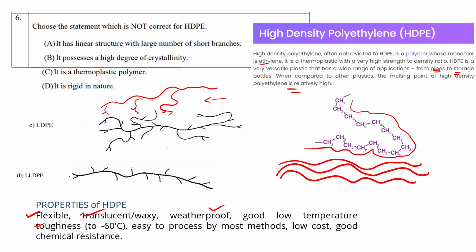And for LLDPE, obviously branching is there, but the branches are slightly shorter compared to LDPE. So in that way, we can decide things. This microstructure is obviously going to affect the ultimate properties that you are looking for in your material.